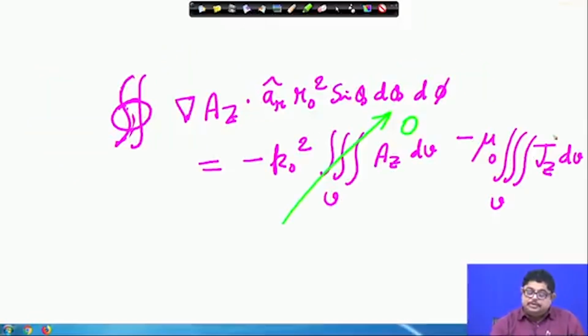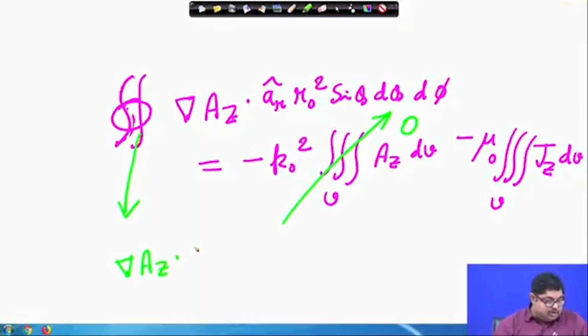So, this term also I have solved. Now, let me further manipulate this term. What will this term be? What is actually del Az dot AR? Others will be coming later.